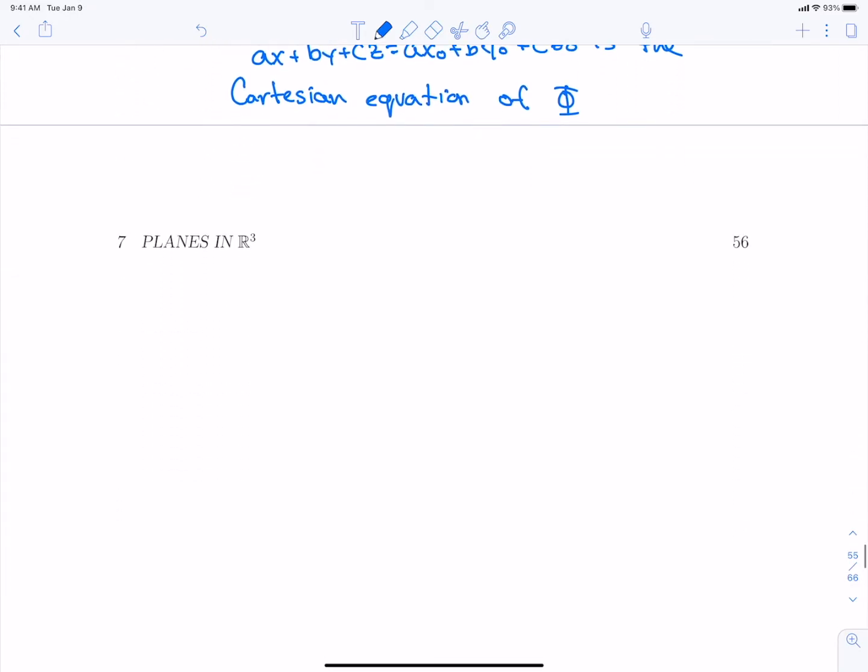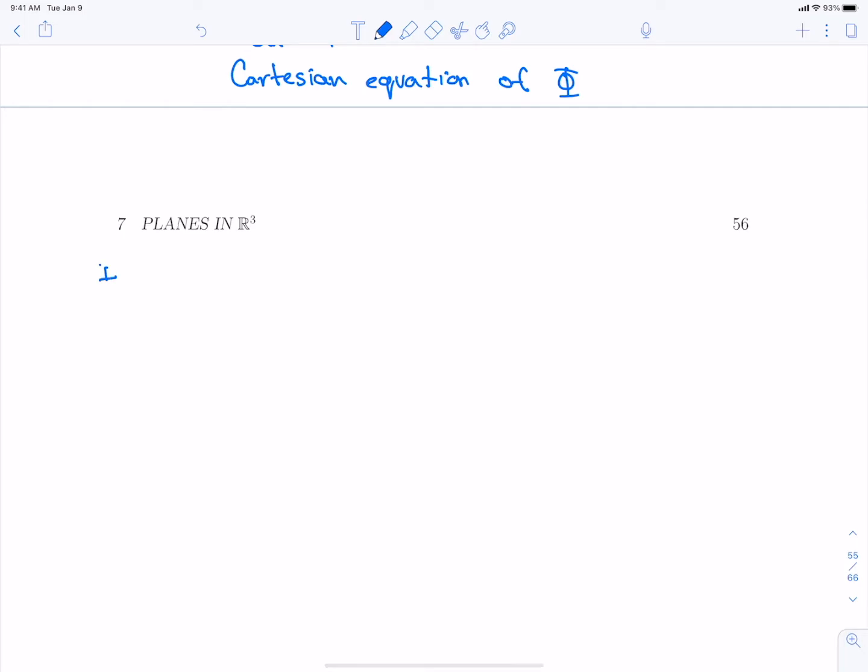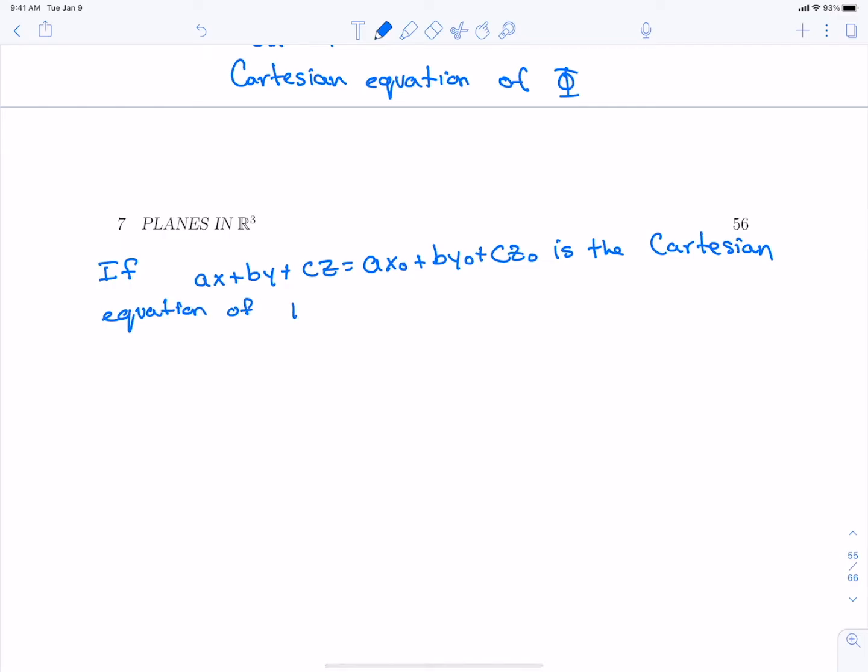Now, with that information though, we can go on and say that if we do know that ax plus by plus cz equals ax naught plus by naught plus cz naught is the Cartesian equation of phi, then let Q be equal to x1, y1, z1, be any point that satisfies the above equation.